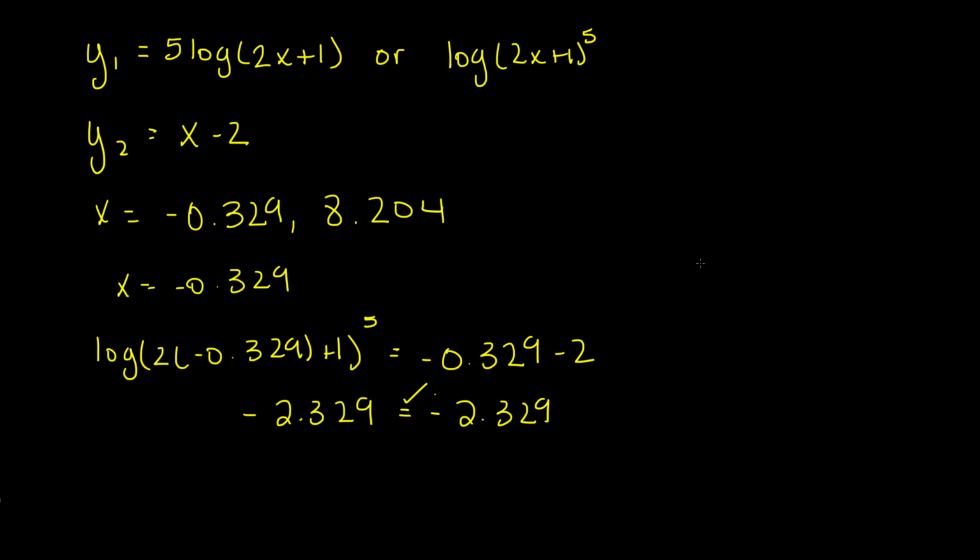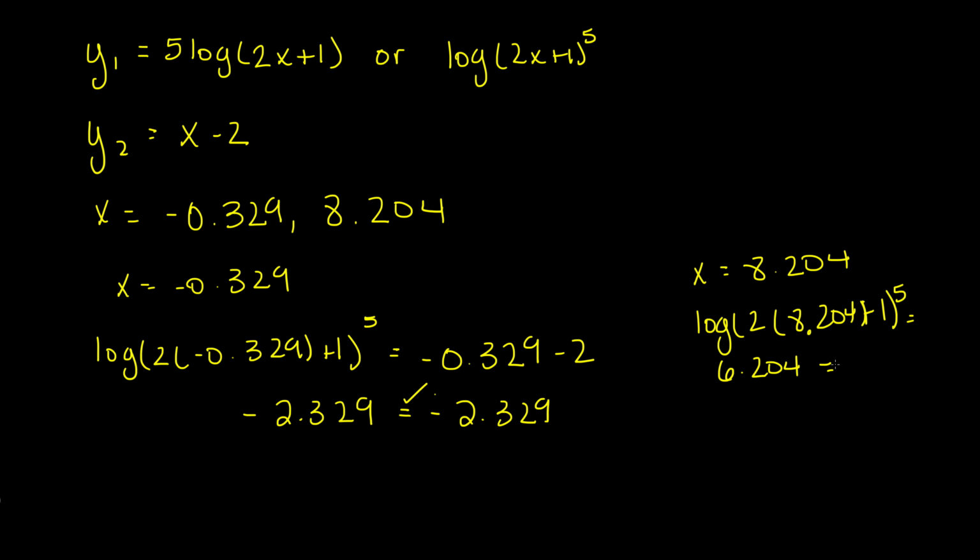Then we could check the other one, x equals 8.204. And it should. We saw where they intersect on the graph, but let's just double check algebraically. 8.204 plus 1 to the fifth. This will equal 6.204. On the other side, I've run out of space here, but this does 8.204 minus 2.